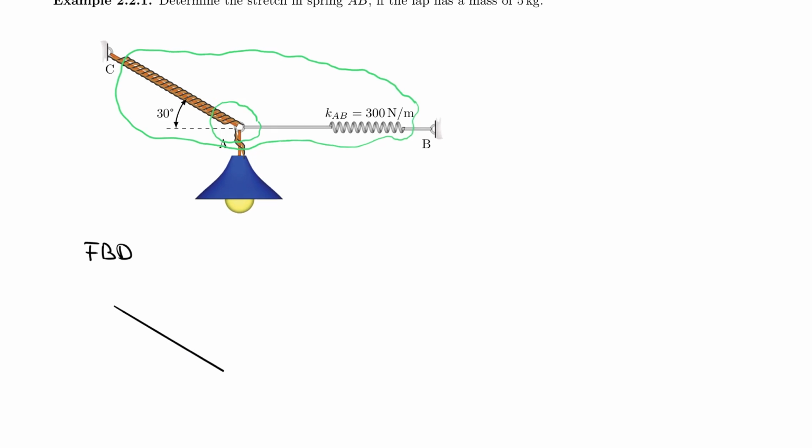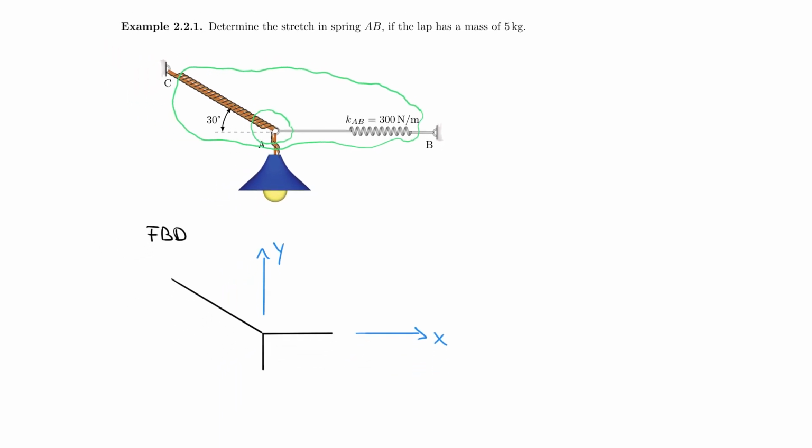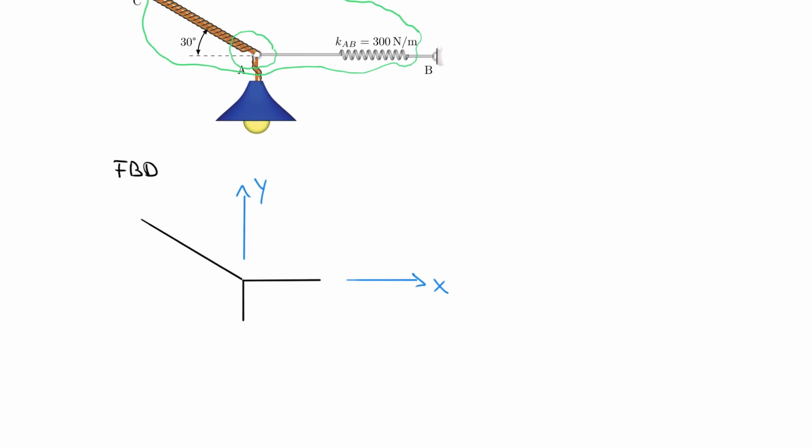It has a horizontal cable and a vertical cable. And of course I need a coordinate system. So in this case, I'm actually going to place it at the center just to do it a little bit different like I did before, just so you see that there's a variety of ways of doing this. So there's X, Y.